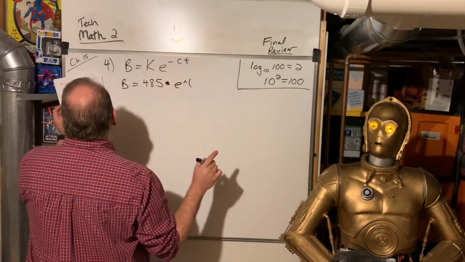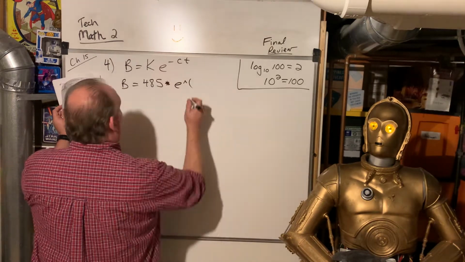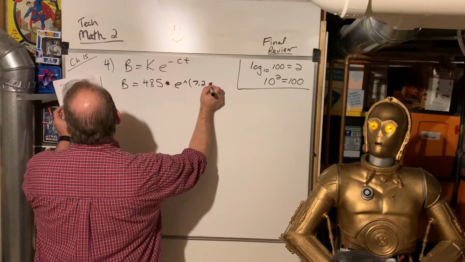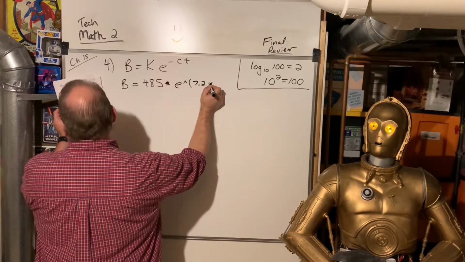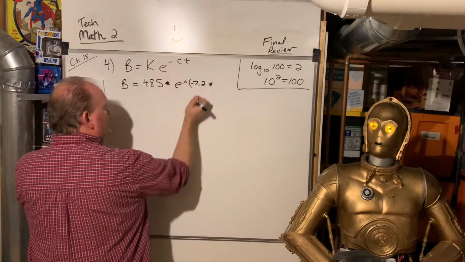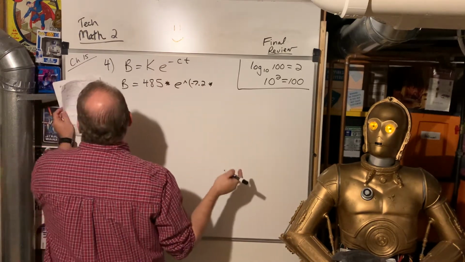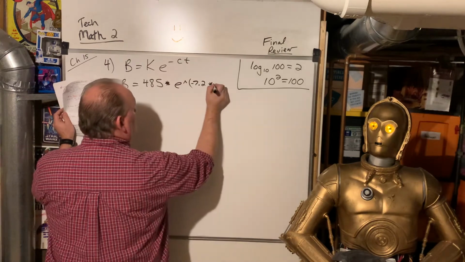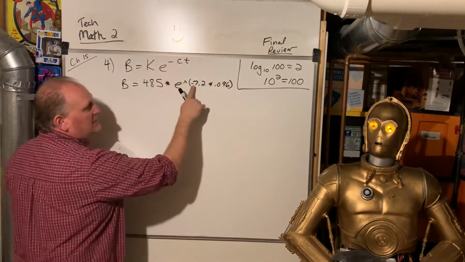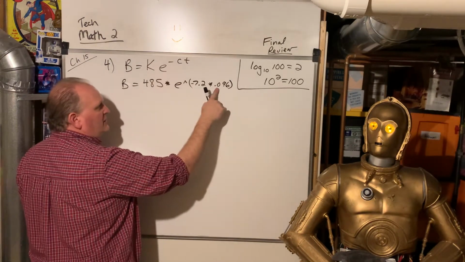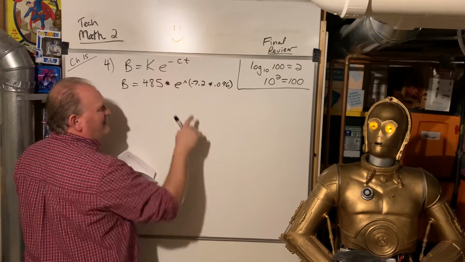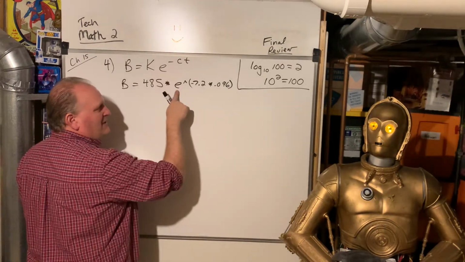a little tricky, so you don't enter it wrong, you do this 7.2 times the point. Oh, there's supposed to be a negative in front of it, so throw negative 7.2 times 0.096. So don't forget the negative. If you did forget the negative on the 7.2, you could put it there. Or you could put it in front, but that's kind of a pain because that parenthesis pops up automatically with the e.